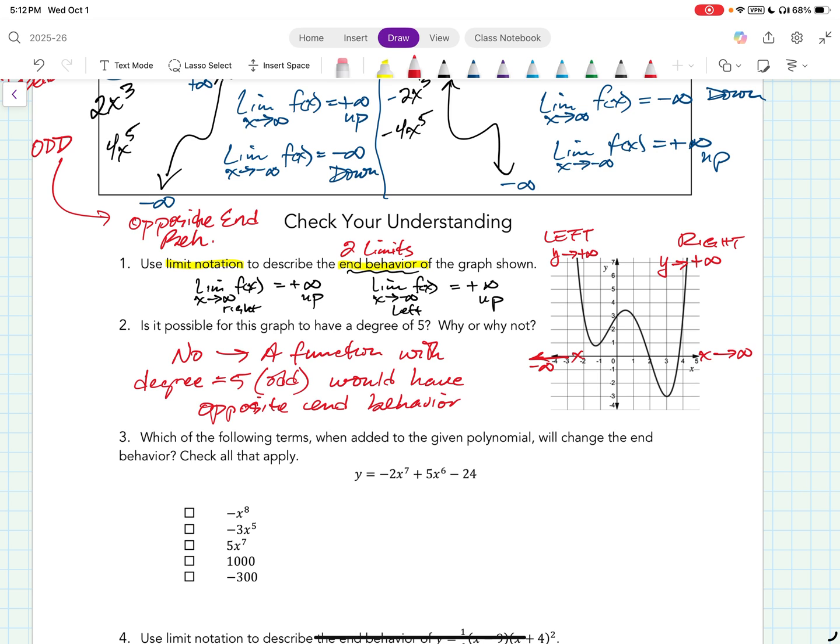And this does not have opposite end behavior, it has the same end behavior. Okay, it goes up on both sides.